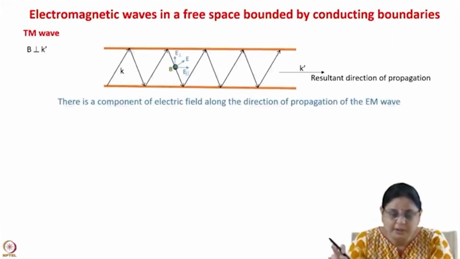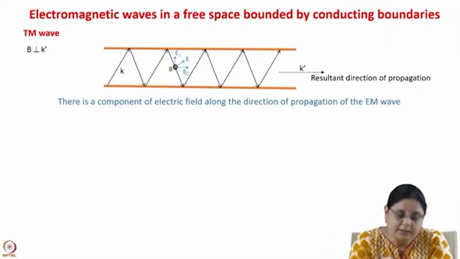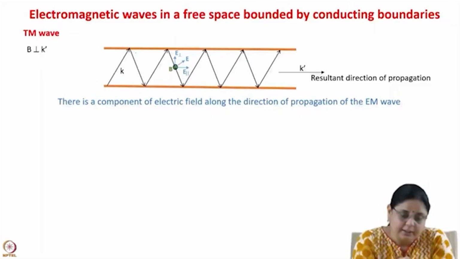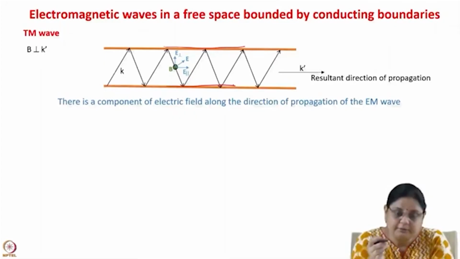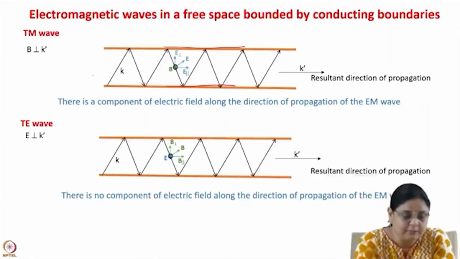We saw in the beginning that when electromagnetic waves propagate inside conducting boundaries, for example inside a waveguide, there are two cases possible: the TM wave and the TE wave. In the TM wave, there is a component of electric field along the direction of propagation.